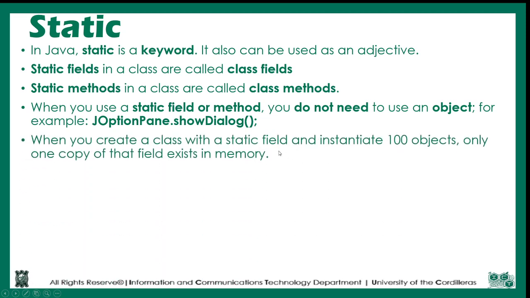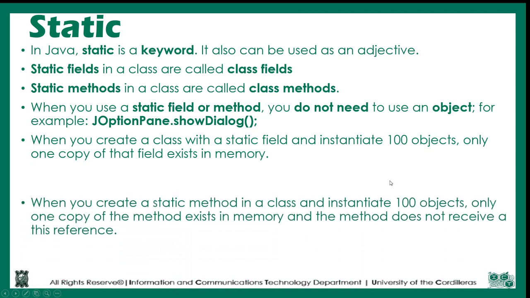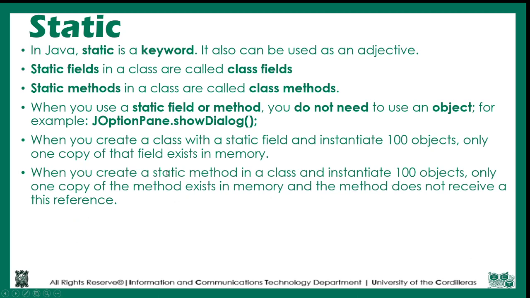When you create a class with a static field and instantiate 100 objects, for example, only one copy of that field exists in memory. Meanwhile, when you create a static method in a class and instantiate 100 objects, only one copy of the method exists in memory, and the method doesn't receive a this reference, which will be discussed further in the next lessons.